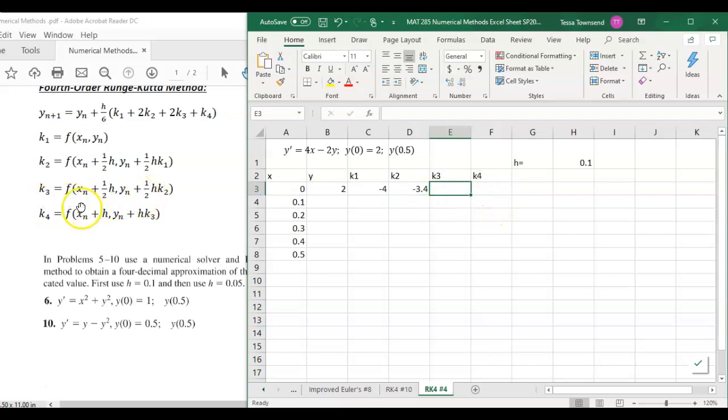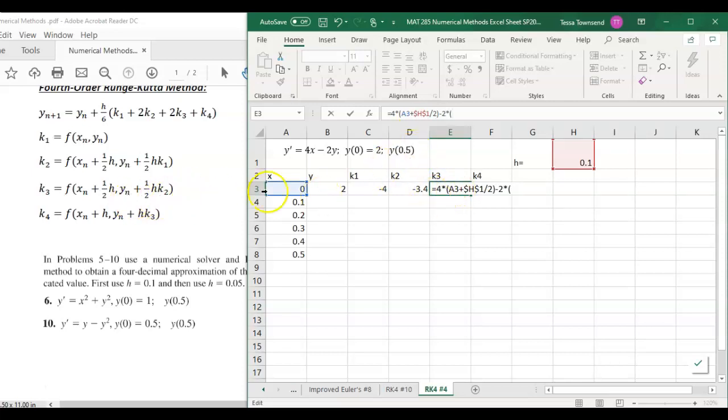K3 is equal to 4 times our x plus half of the step size minus 2 times the y value.